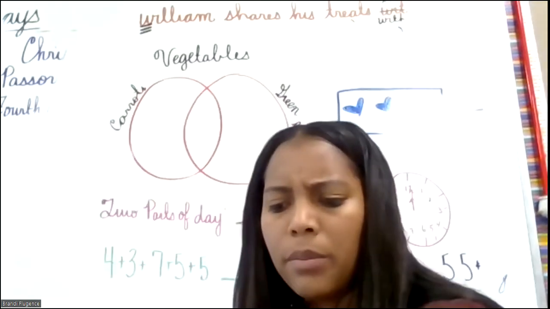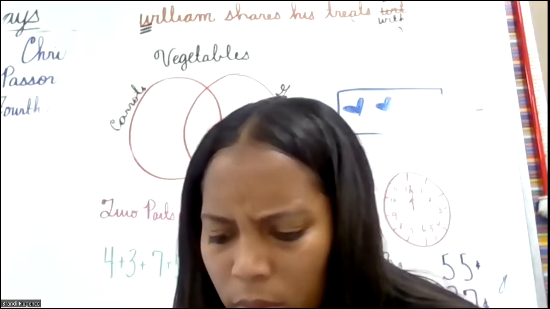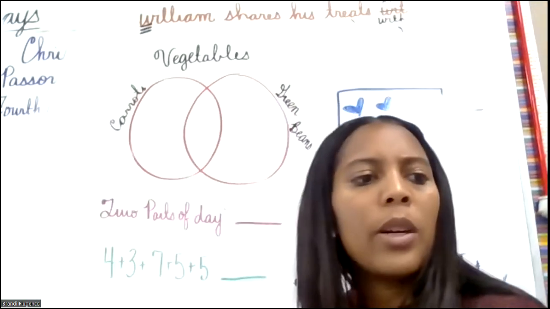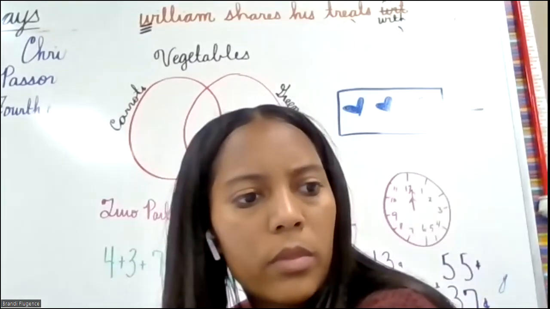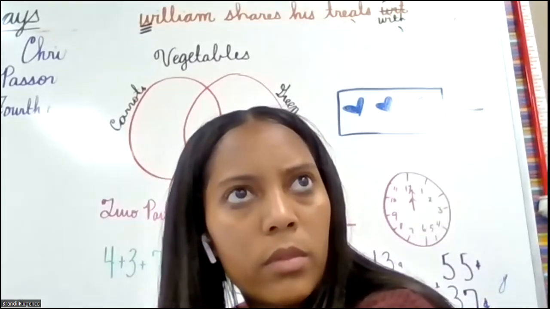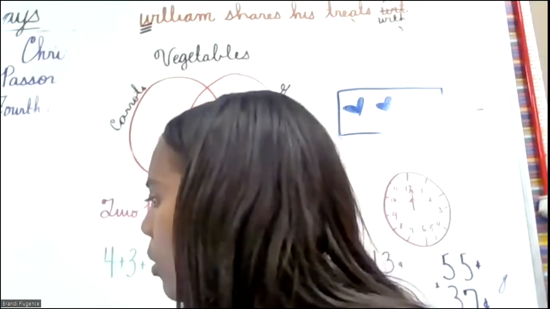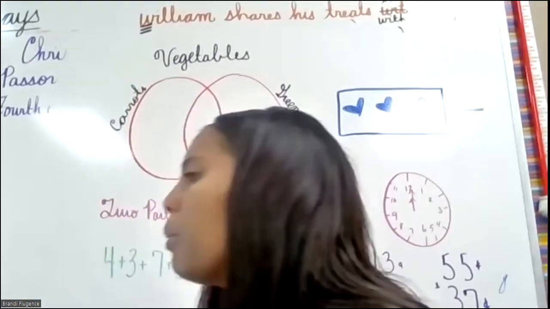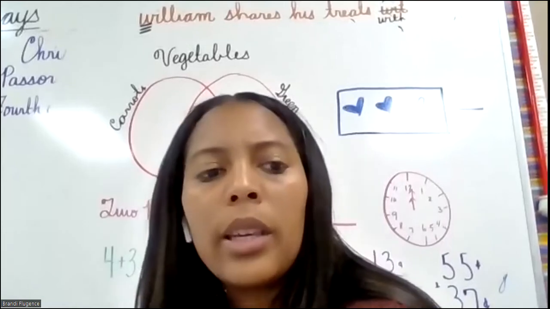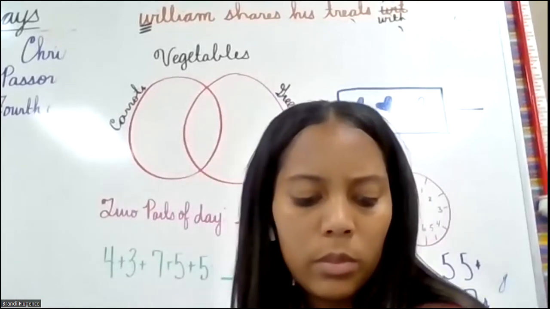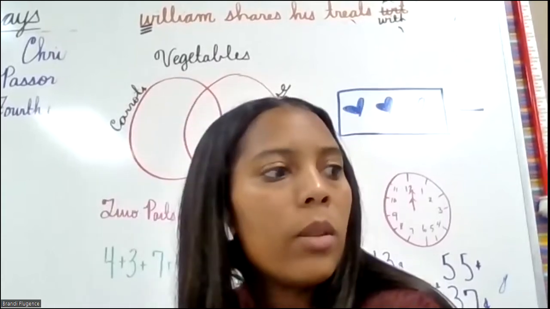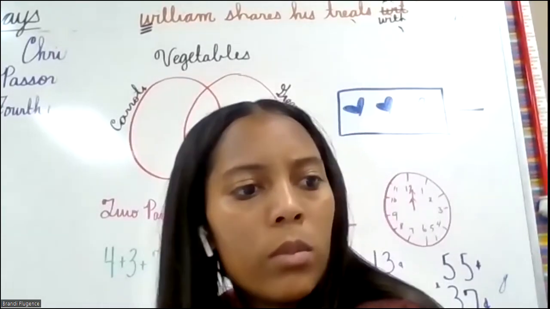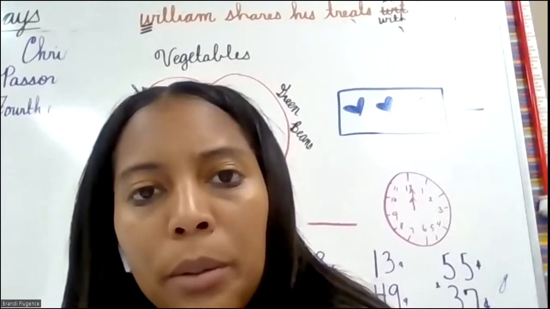Next one, Naraya. 5 minus 1 is 4. Taylor, next one. 3 minus 1 equals 2. Next one, Kinley, next row. 8 minus 1 is 7. Faith. 4 minus 1 is 3.